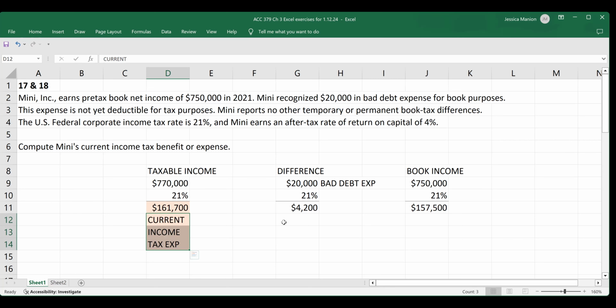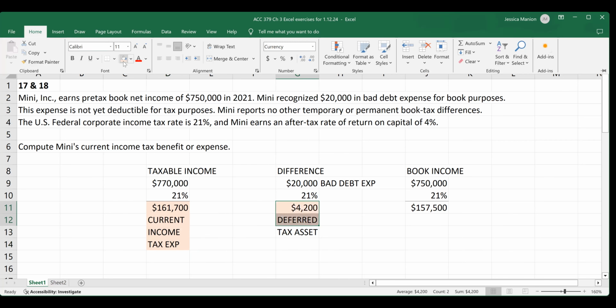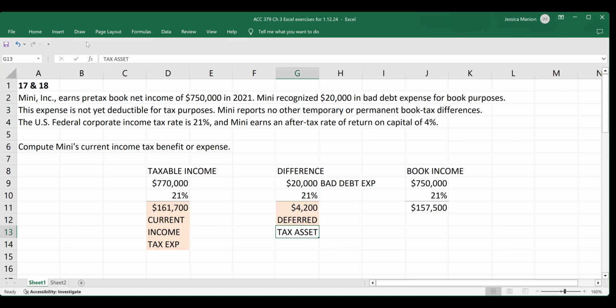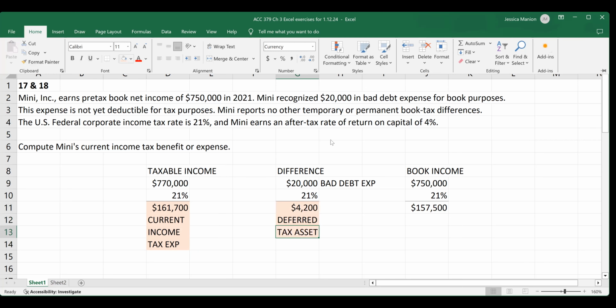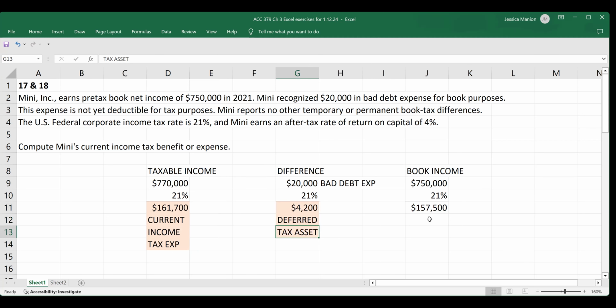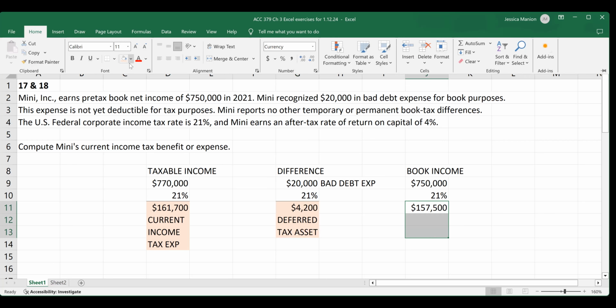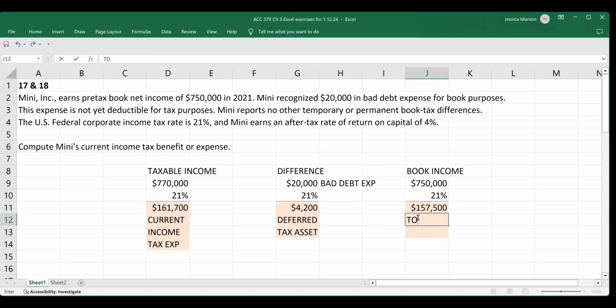So here's our deferred tax asset, the 4,200 deferred tax asset. And then our total, according to our book income, here's our total tax expense.